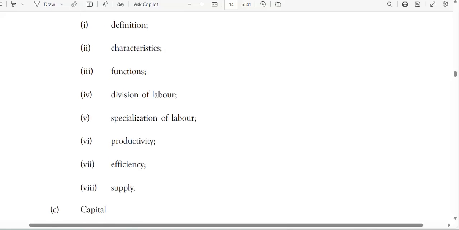Now, supply of labor refers to the number of people willing and able to work at different wages. This is influenced by the amount of salary or wages that businesses are offering.